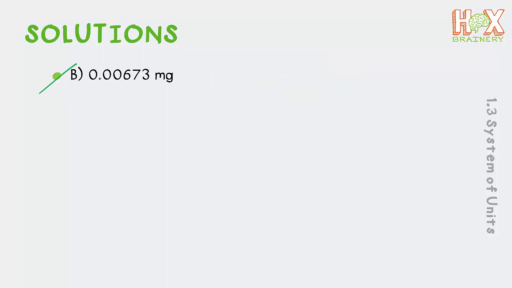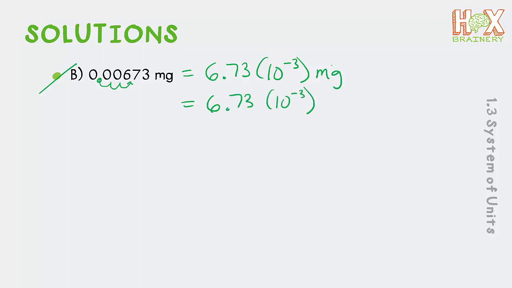Part B, I'm going to do the same thing where I take the decimal place and start moving it. So it looks like I can move it over 3, so I'm going to do 6.73 times 10 to the negative 3rd, and this is milligrams. So 6.73, 10 to the negative 3rd. This prefix I'm going to rewrite as the power of 10. So this is 10 to the negative 3rd power.